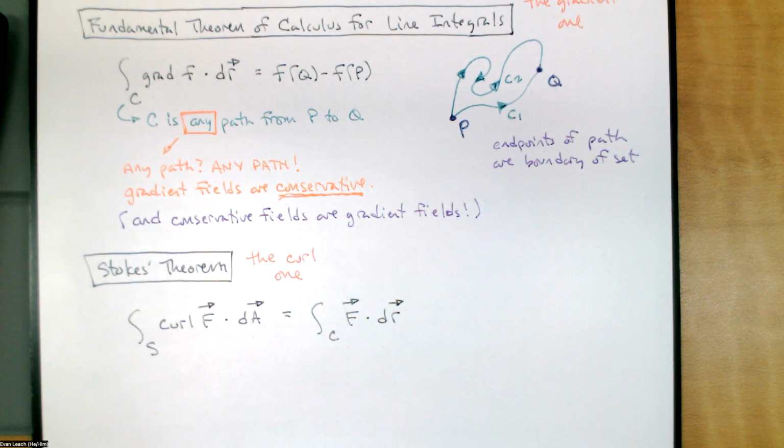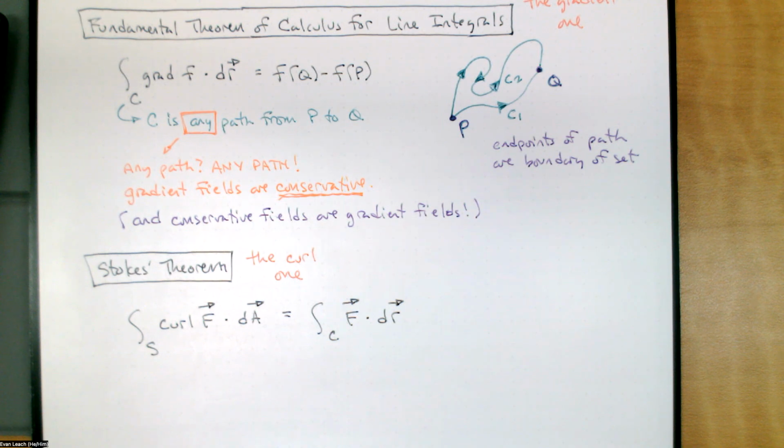In this case, we can see that the derivative that's in play is the curl of the vector field, and that means the function in play is the vector field. We evaluate the derivative over a set by evaluating the function at the boundary of the set.